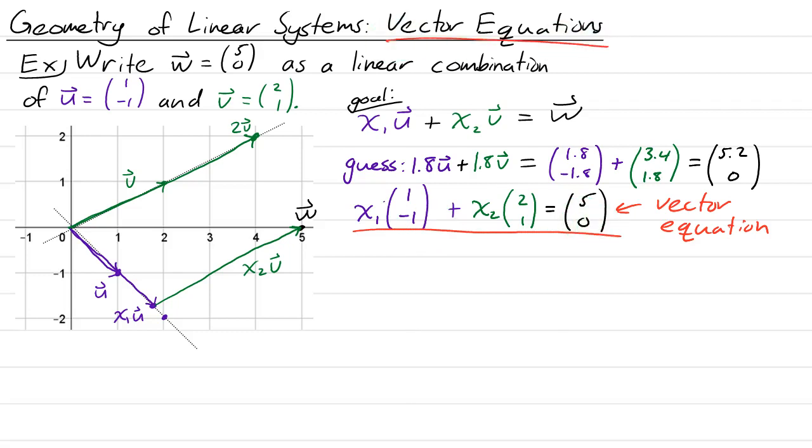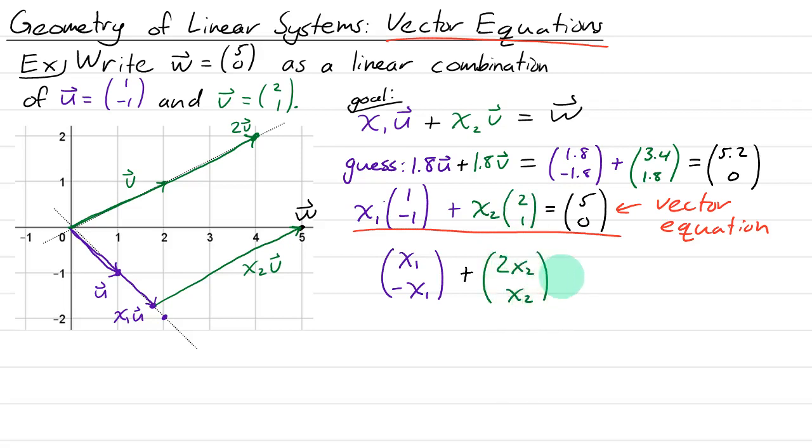Anyways, we can then write this in a different format, because the definition of x1 times this vector just means we multiply each of the entries in this vector by x1. So 1 times x1 is x1, negative 1 times x1 is negative x1, plus this vector here, x2 times 2, 1, which is defined to be 2 times x2 and 1 times x2.